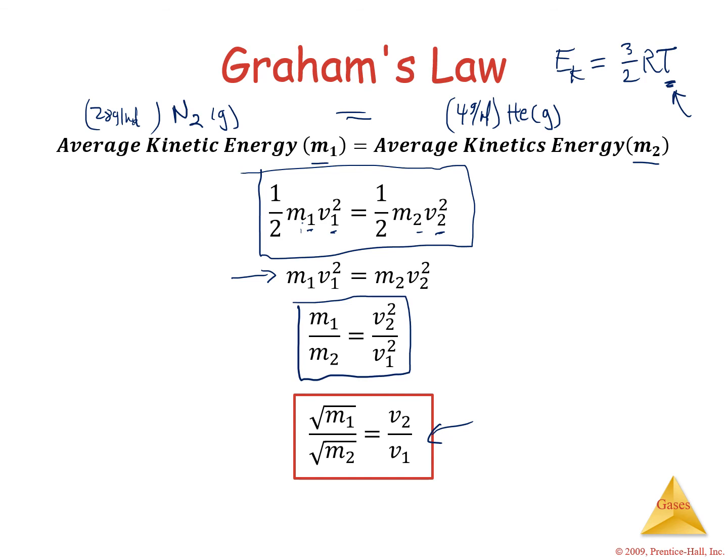Notice that the ratio is inverted: velocity 1 is on the bottom and velocity 2 is on the top, but in the mass ratio, it is the other way around. This is the formula in the red box. I'm going to erase all that so you can have a clear view of the formula. This is Graham's law.